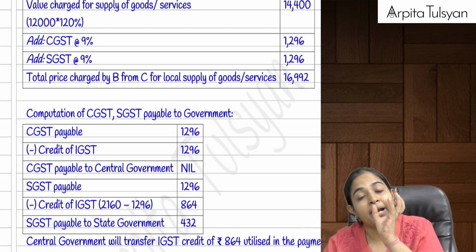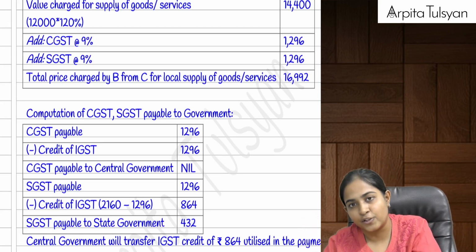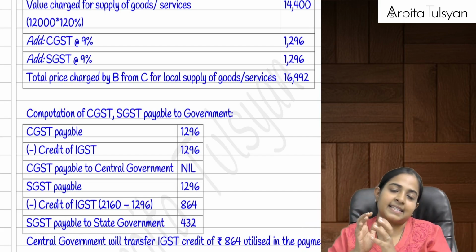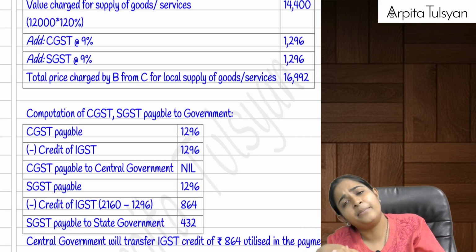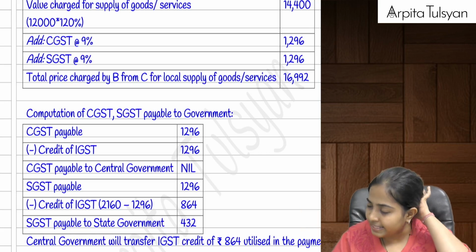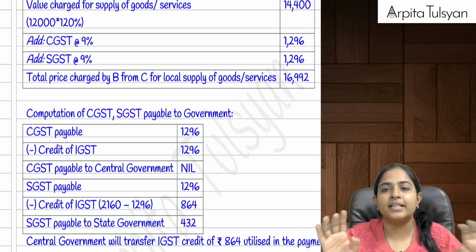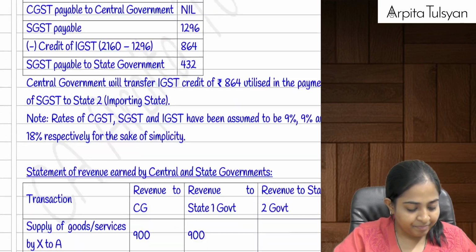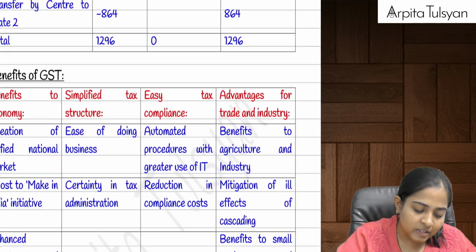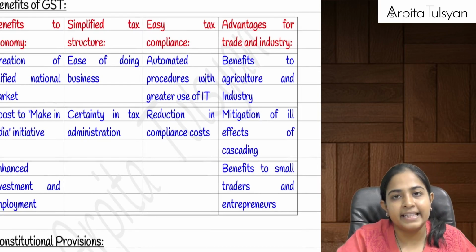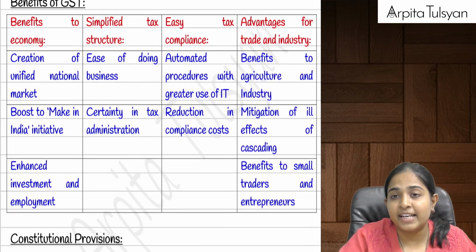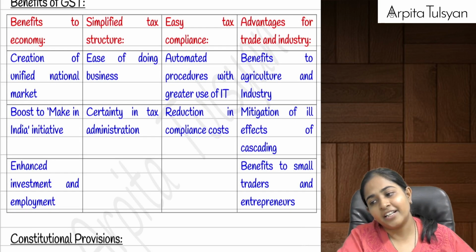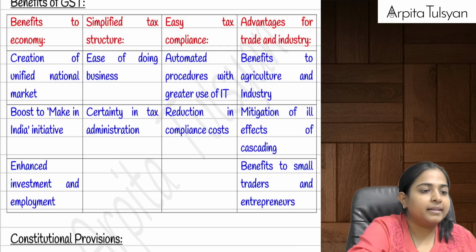SGST goes to that particular state government where the goods are consumed. And IGST is collected by the central government, but ultimately they will do their internal workings and then this will be distributed between the state and the center. Are you clear with this? Yes. Please do refer to this particular calculation which I had done in the main lectures. That was very, very simple to understand the entire concept.